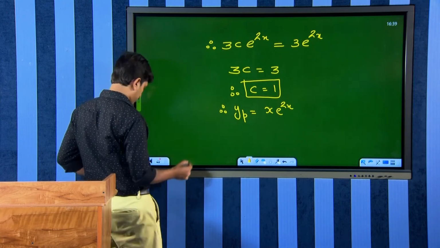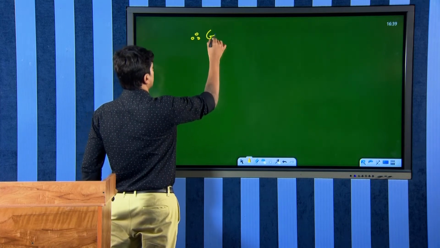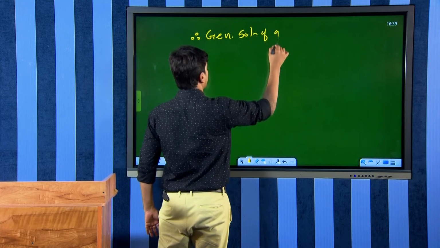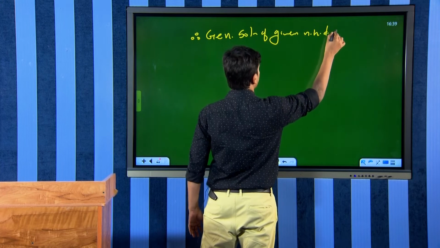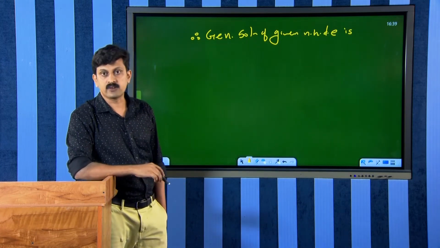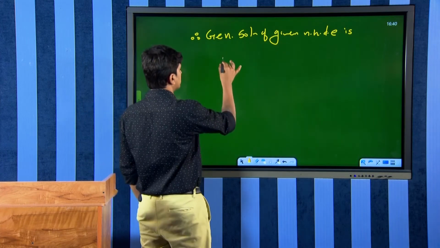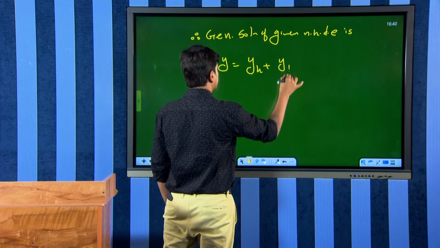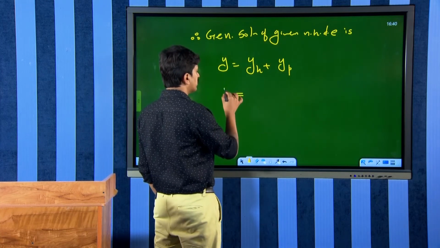Therefore, the general solution of the given non-homogeneous differential equation is y equal to yh plus yp. Here yh is the complementary solution, the general solution of the homogeneous part.